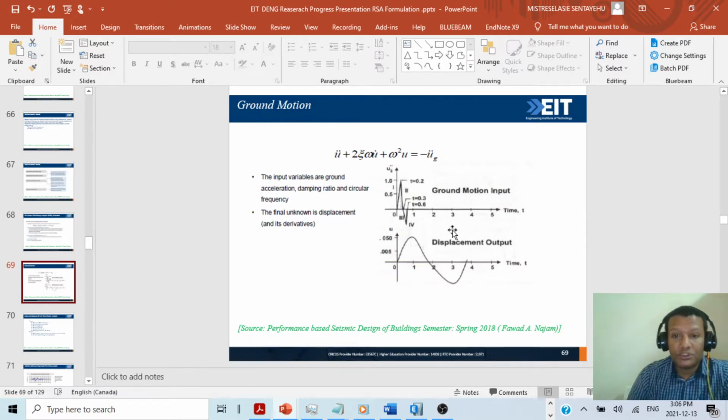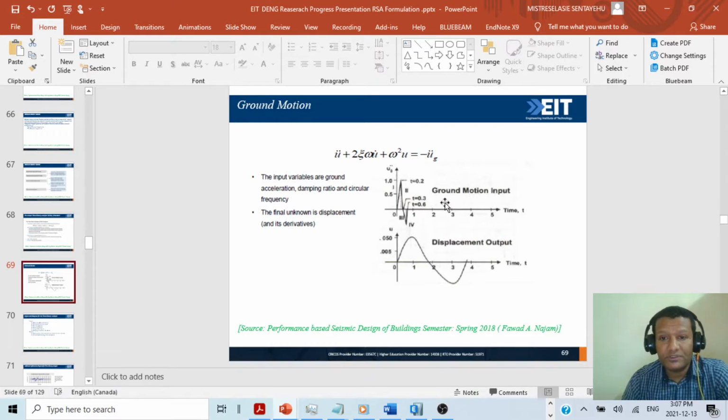As you can see, the input variables are ground motion, ground acceleration u_g double dot, damping ratio, and circular frequency. Once we input this ground motion, the damping, and natural frequency, then the unknown parameter will be displacement.